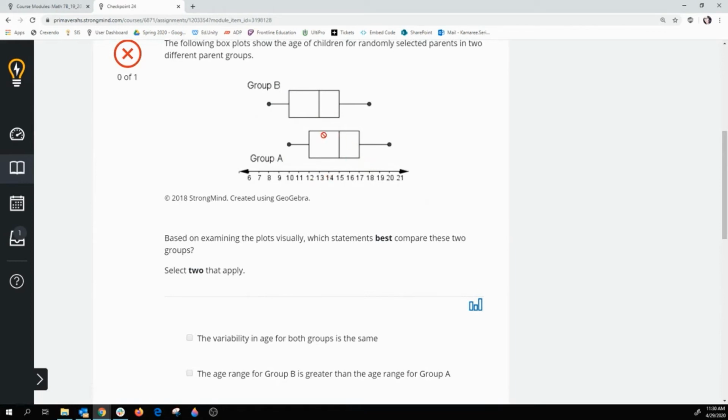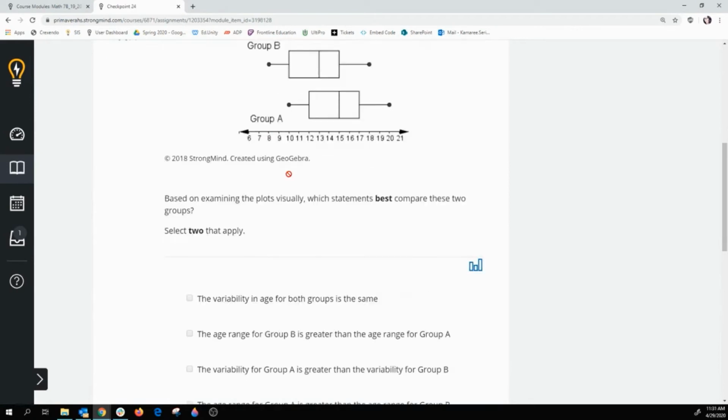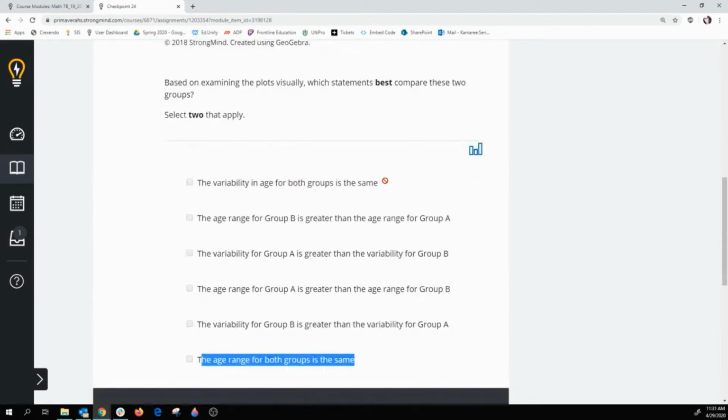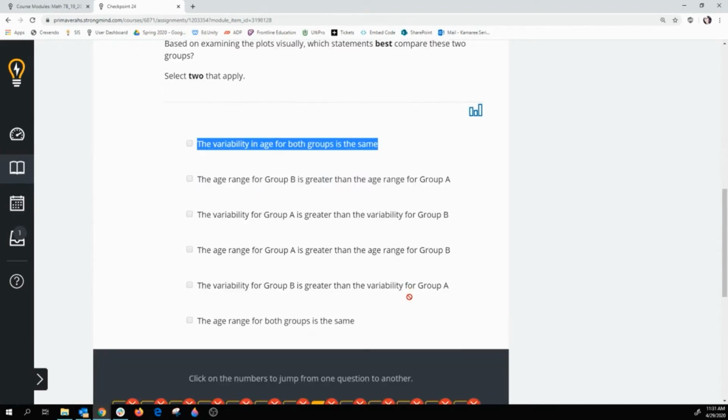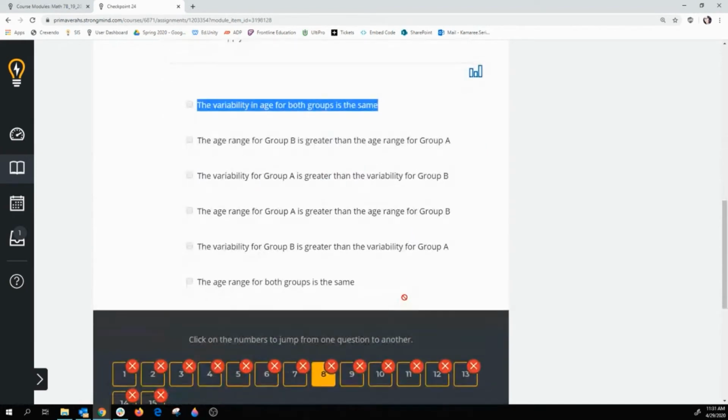So since my IQRs and my ranges for both group B and group A are the same, that means that the variability in both groups is also the same. So the range and the variability for both groups are the same. All right, questions, or are we okay to go to the next one?